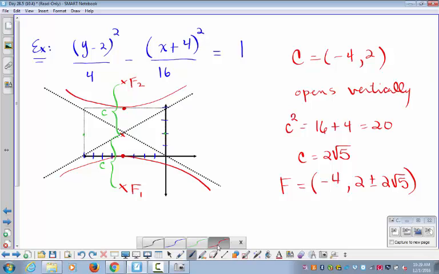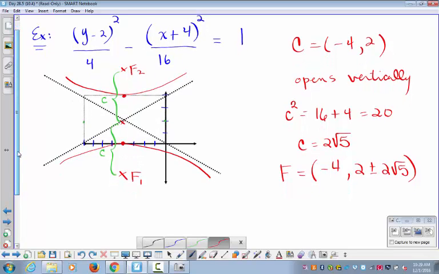And then our last step, the asymptotes. Instead of y equals plus or minus mx, we deal with the quantities up here, how they came to us. So we're going to have y minus 2 is equal to plus or minus, right here, 1/2.